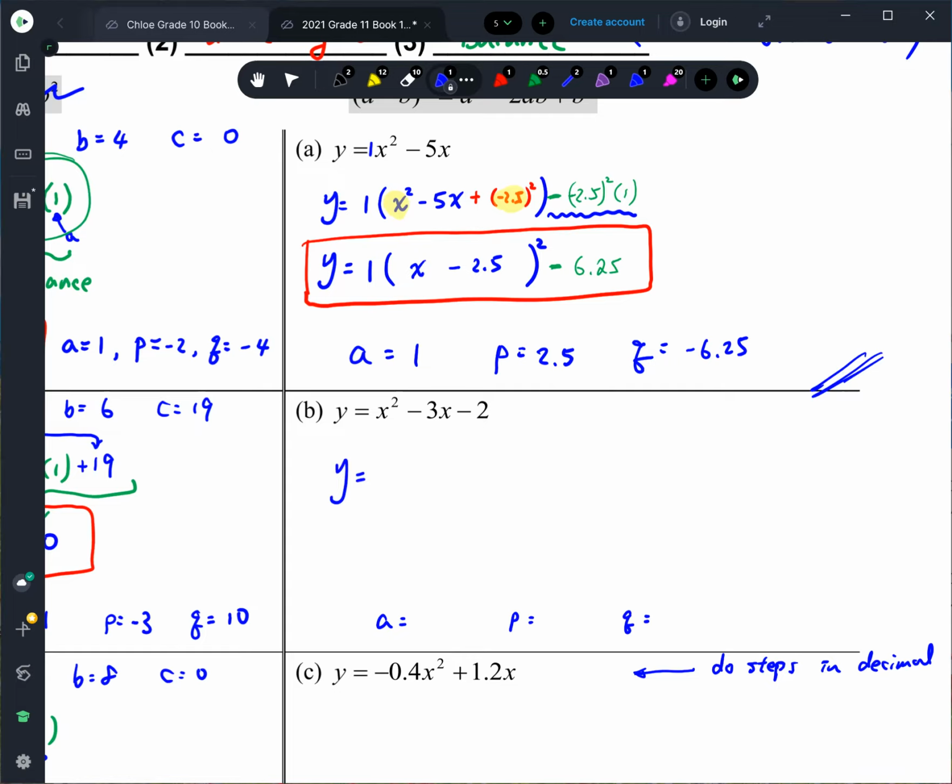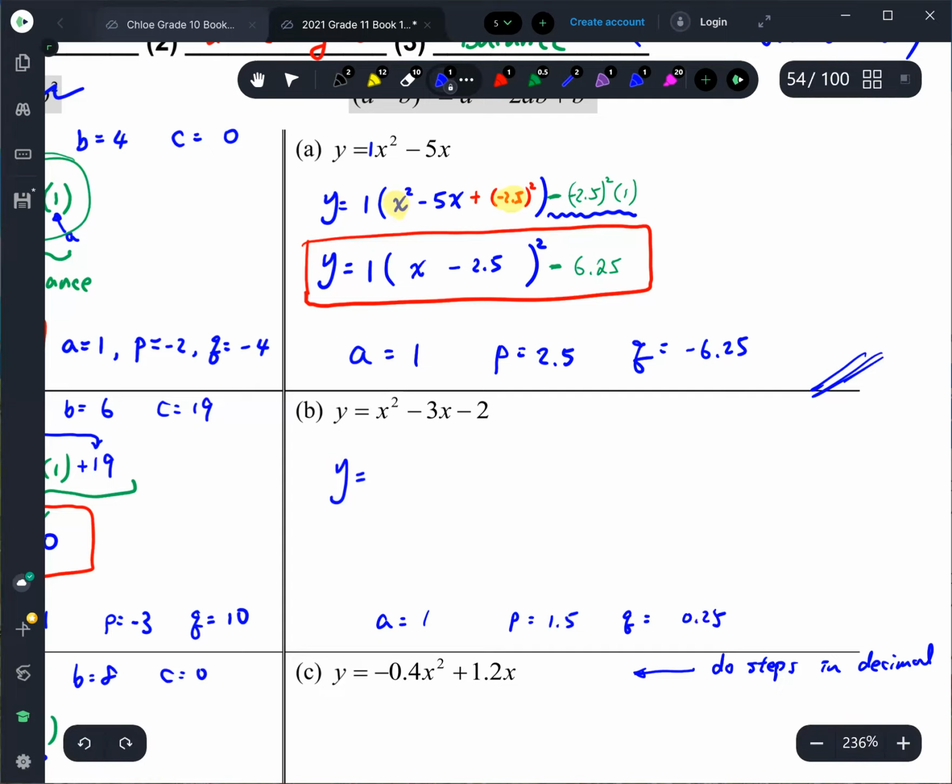Okay, Jenny, what's your answer for APQ? I got A is 1, P is 1.5, and Q is 0.25. Okay, Wilson, what's your answer for APQ?